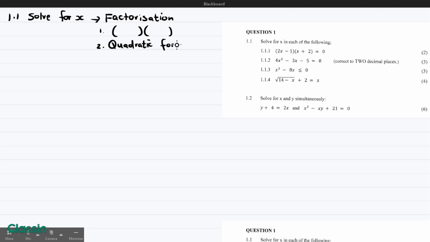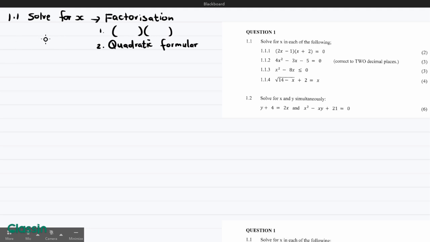I know the majority of us can factorize using the quadratic formula, but it becomes difficult to factorize using brackets.